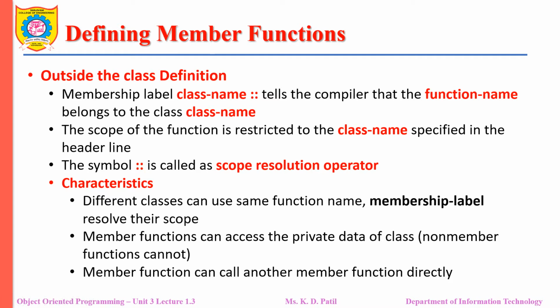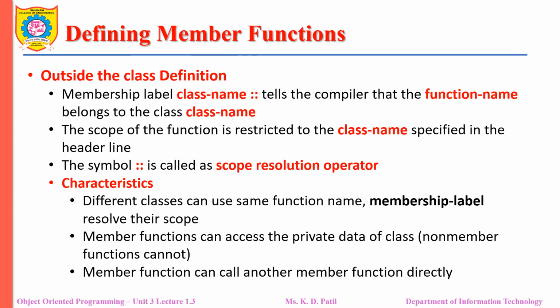Let us see the different characteristics of these member functions which we can define outside the class. The first one is that different classes can have the same function name, and so the membership label should be there. If you forget the membership label, then the compiler will not be able to identify to which class that function belongs.